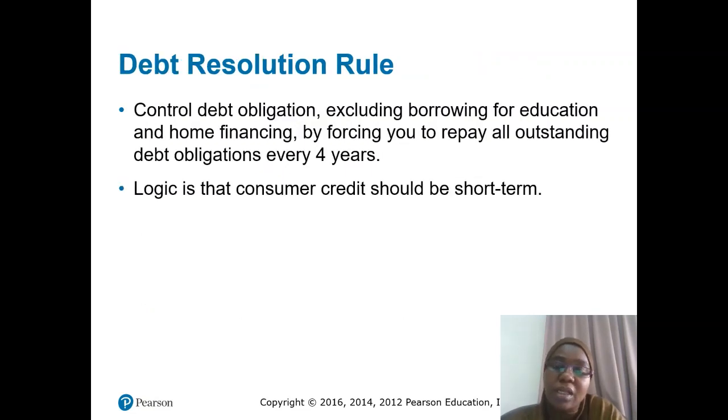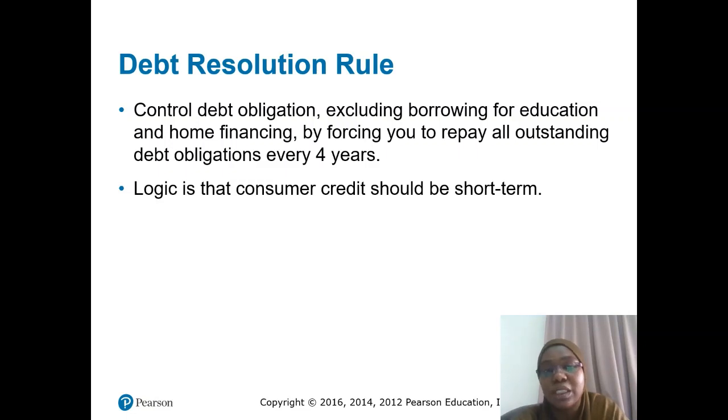Debt resolution rule. This is a control debt obligation, which excludes borrowing for education and home financing. It forces you to repay all outstanding debt obligations after every 4 years. The logic behind the debt resolution rule is that any consumer credit should be short term.